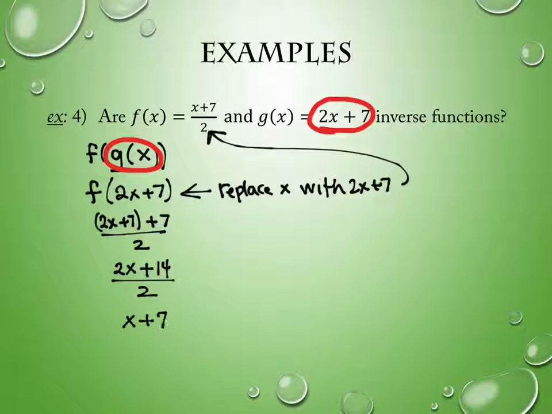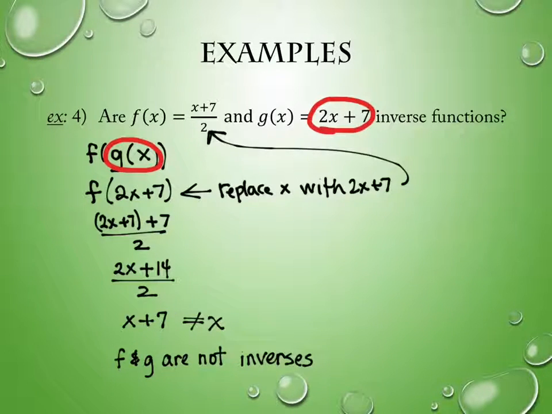Now, it is x plus 7, and that's fine. But what I really care about is whether or not it's x, and this isn't. This does not equal x at the end by itself. It has to equal x all alone by itself. And if it doesn't, then f and g are not inverses.